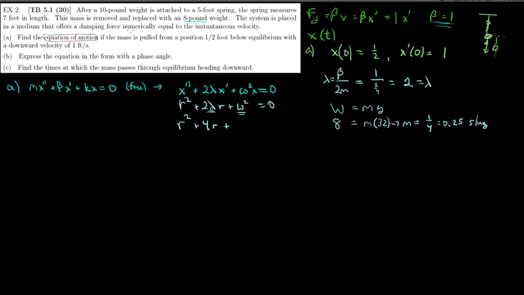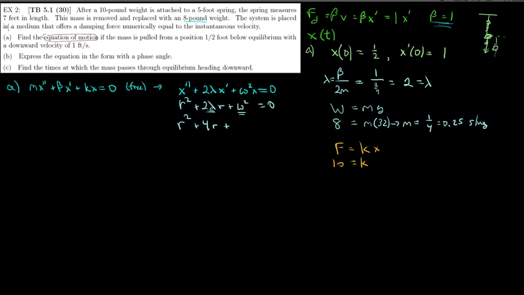For omega squared, we go back to the first statement, which says we have a 10-pound weight. So we're going to use Hooke's law in this case. The 10-pound weight is equal to k times the displacement. So what's the displacement? Be careful. It's not 5 feet.